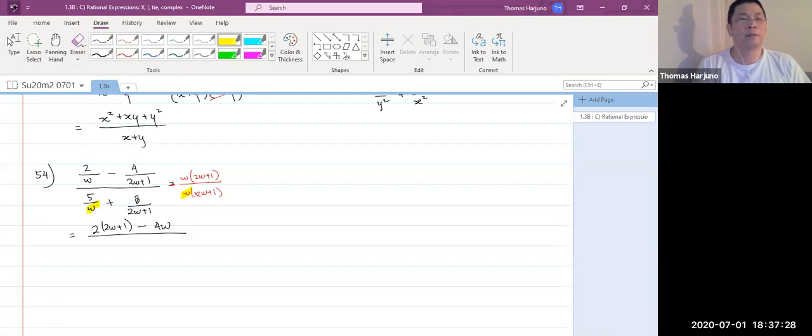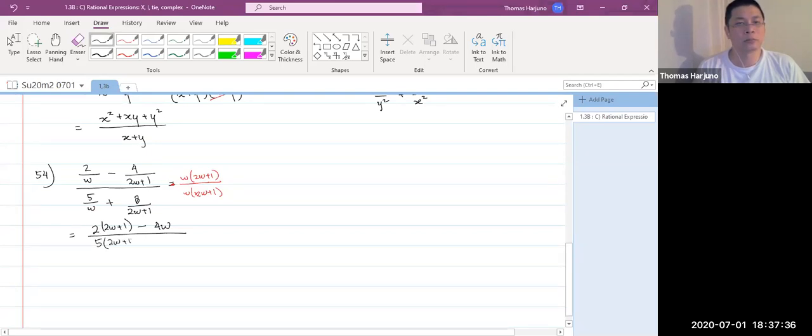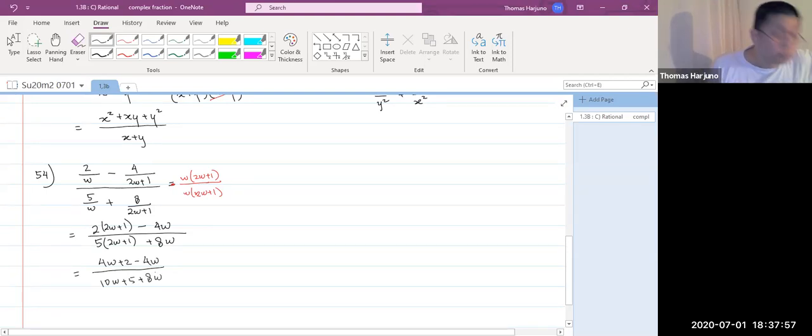So I have 5 times 2w plus 1 plus 8w. Then on the top, I get 4w plus 2 minus 4w over 10w plus 5 plus 8w. Which, if I combine my terms, I will get 2 over 18w plus 5.